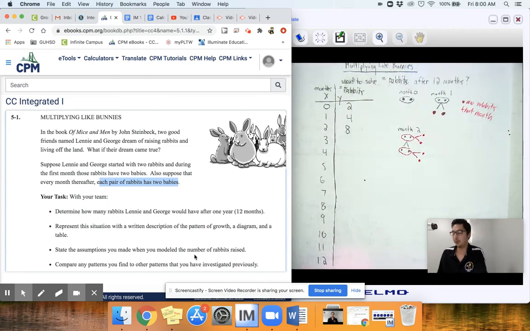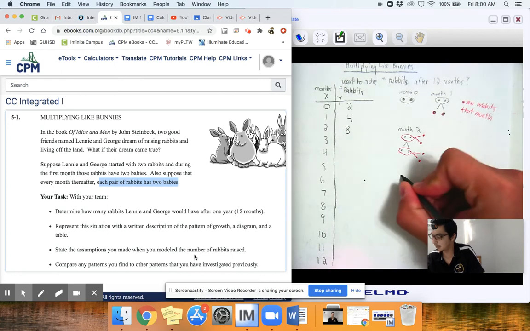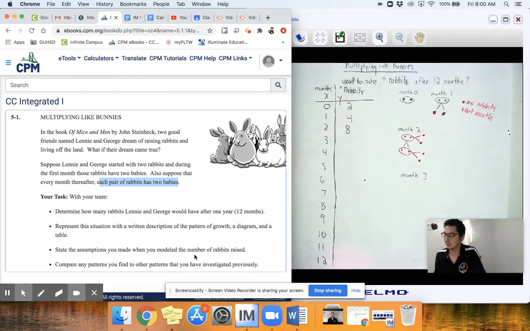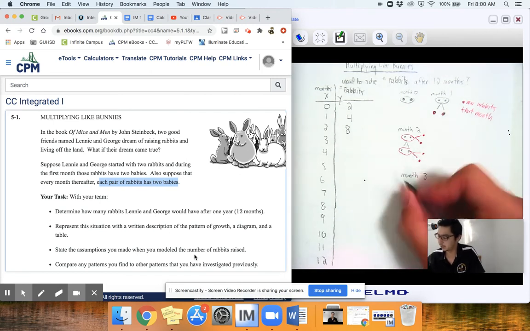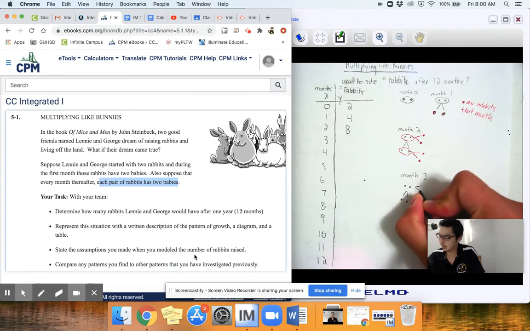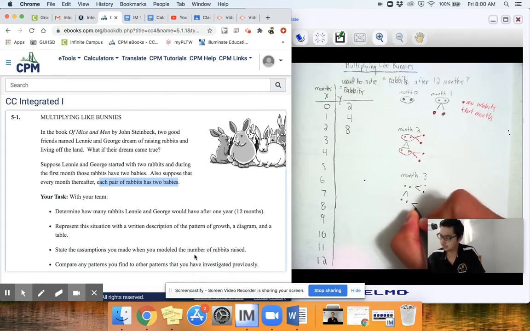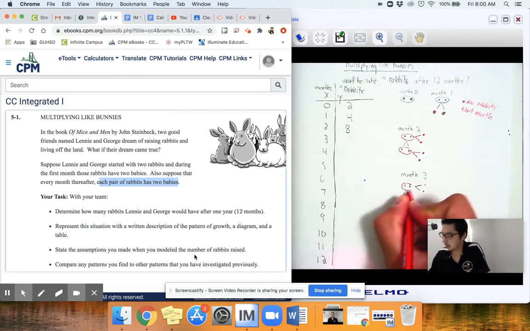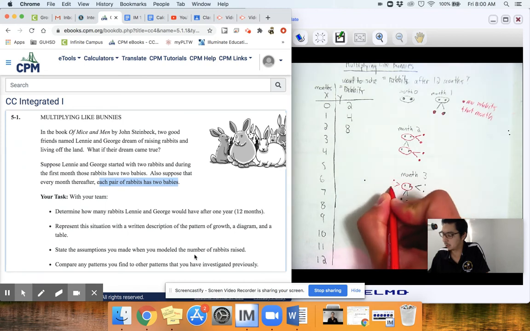Okay. And I'll do month 3, and hopefully from there you kind of catch on to this pattern. We'll look at it, the teachers and myself. So month 3, let's draw the old month. We had the 1, 2 that had 2. Then the next month, they each had 2. Now, every pair has 2 rabbits. So the original 2 are back at it again, having 2 more.